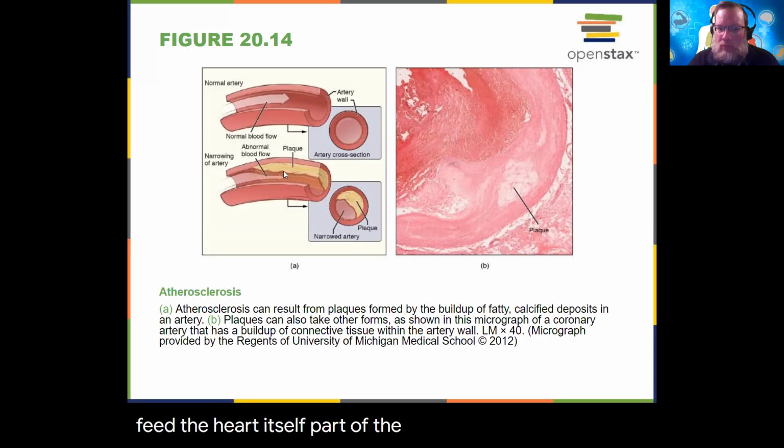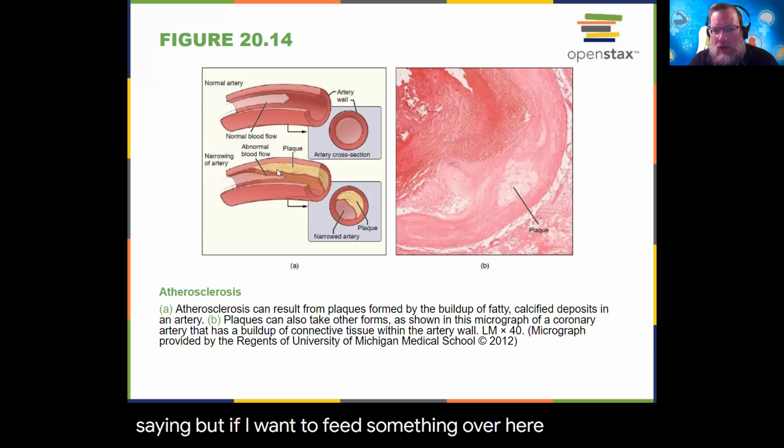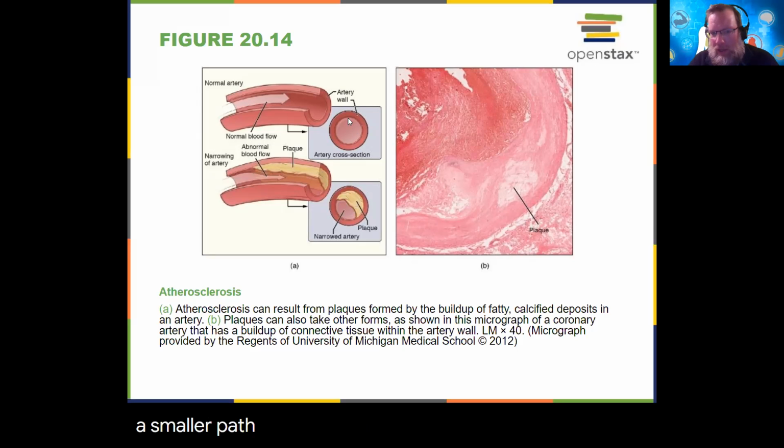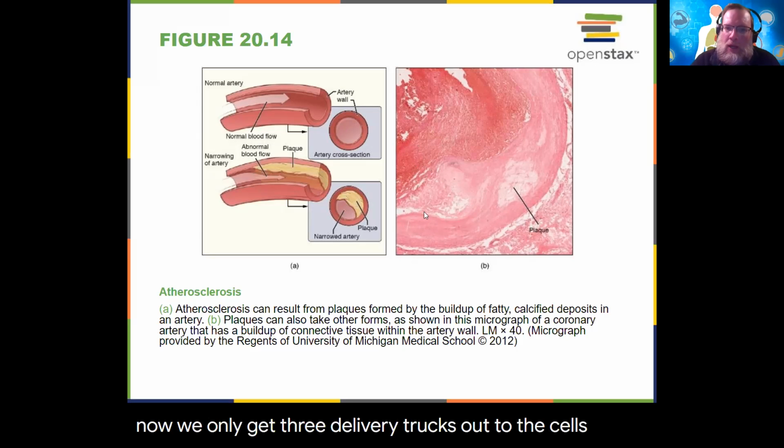If I want to feed something and I have a smaller pathway, I can fit 10 delivery trucks to get over to the cells that need food when the road's wide open. Now over here, I've got half or two-thirds of the roads closed. Now I can only get 3 delivery trucks out to the cells. So that can be a problem.